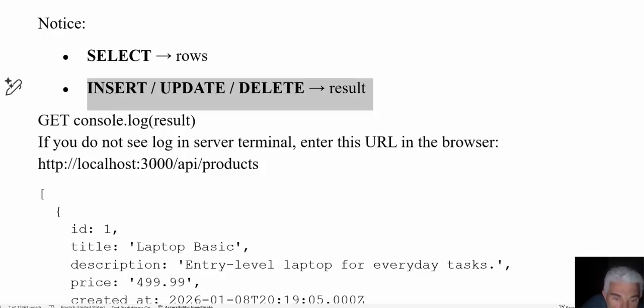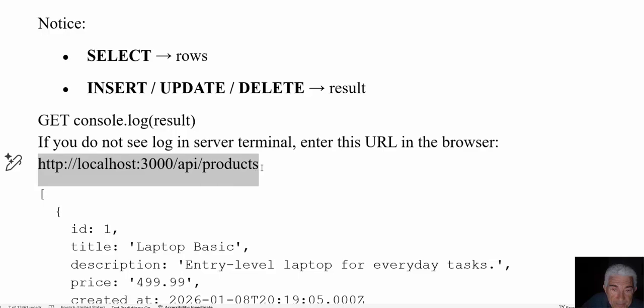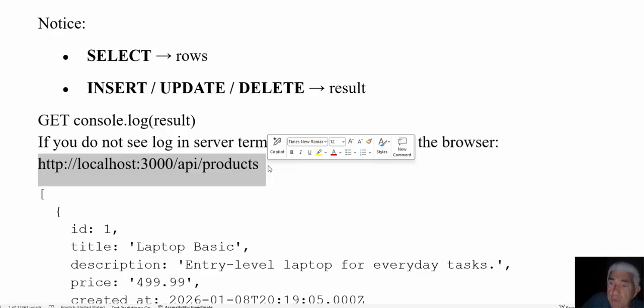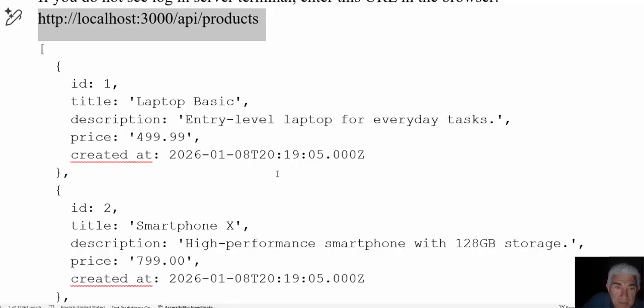If you don't see the log in the server terminal, enter this URL in the browser. It's not enough to refresh, but after calling this address, you see data in the terminal, the server terminal, and after that a refresh is enough to see the data again in the terminal.